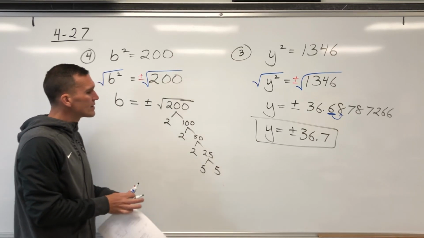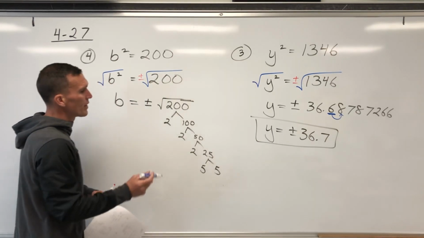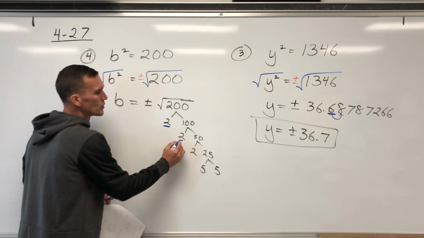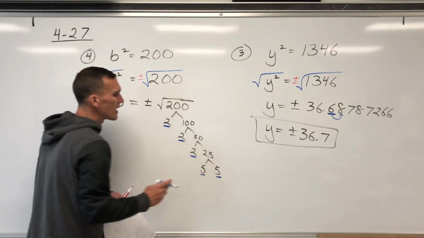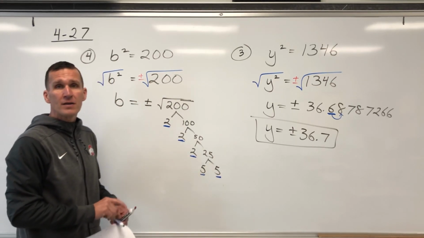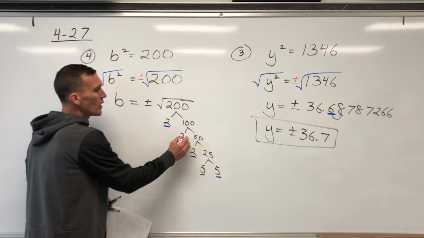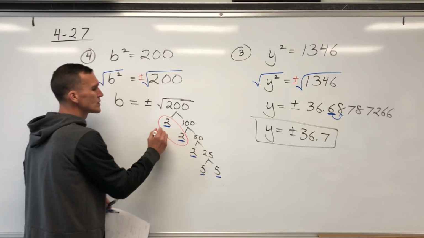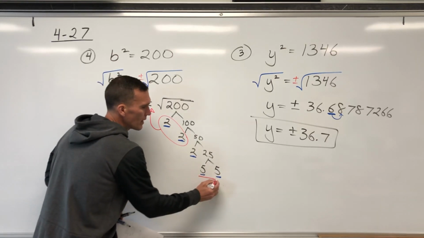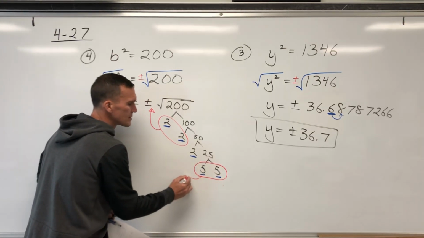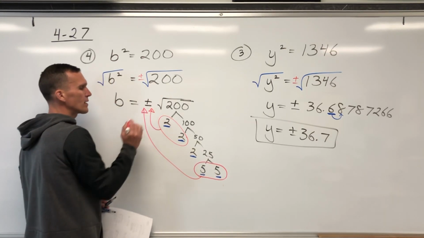So now what I have is I have 5 prime numbers. 2, 2, 2, 5, 5. And you have to remember that a pair comes out as a single. So a pair of 2's comes outside the radical. A pair of 5's comes outside the radical.